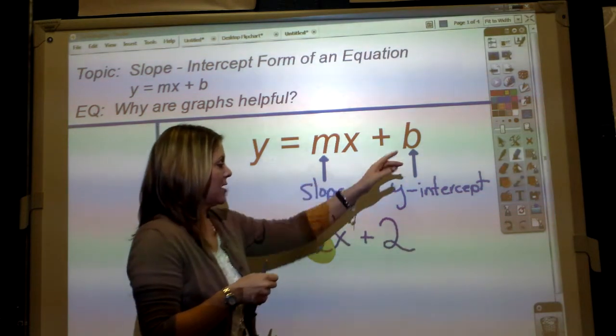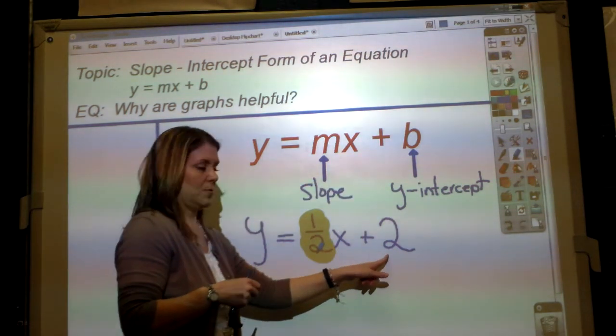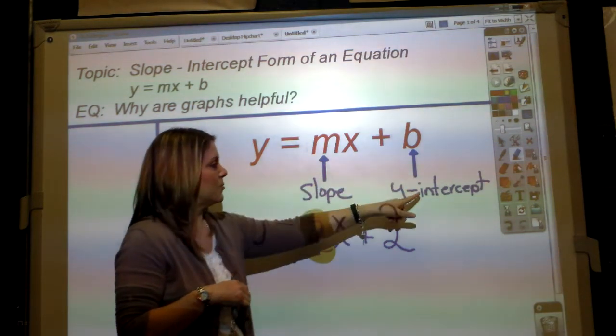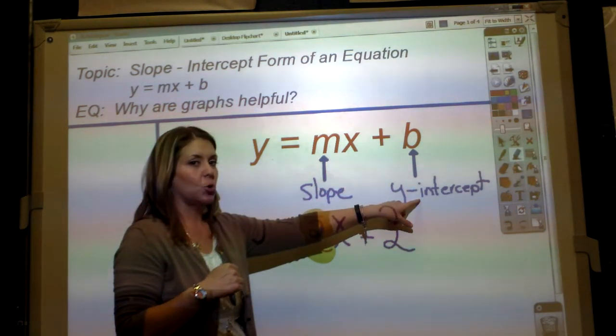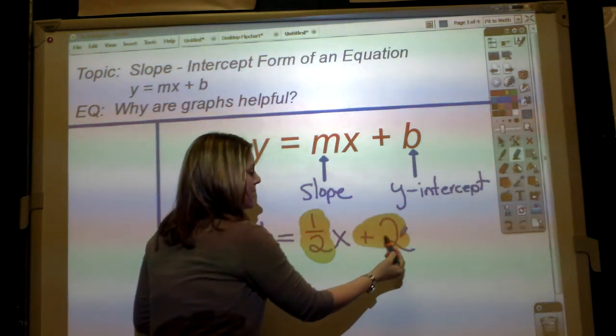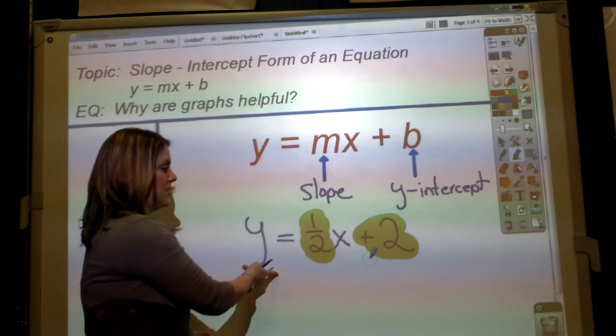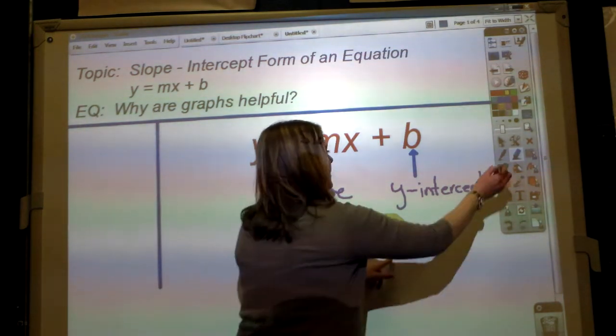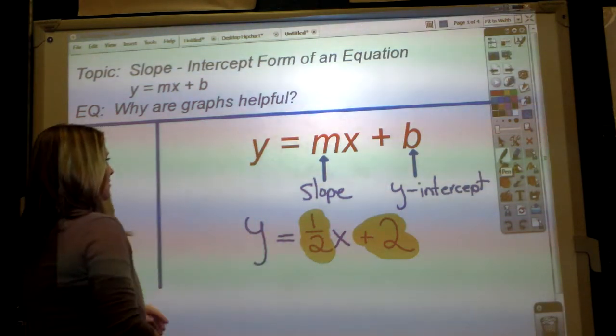The y-intercept is going to be that constant term, the term that does not have a variable. That represents where the line crosses the y-axis. So our line in this particular example will cross the y-axis at 2. Let me give you a brief overview of what that looks like.